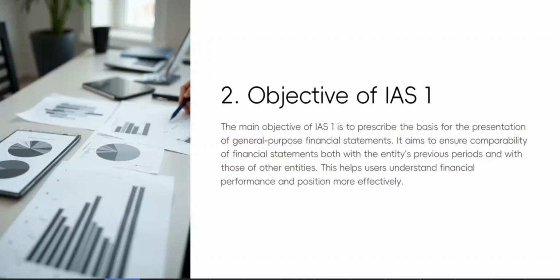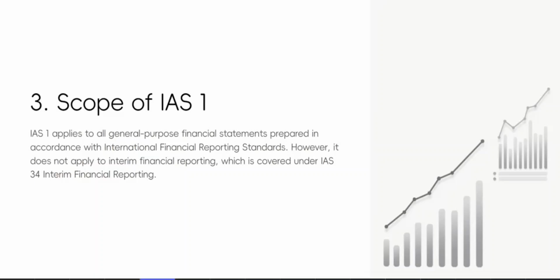In short, IAS 1 is all about clarity and comparability. Now, talking about the scope of IAS 1. IAS 1 applies to all general purpose financial statements that are prepared under IFRS. However, it does not apply to interim financial reports because those are covered under IAS 34.